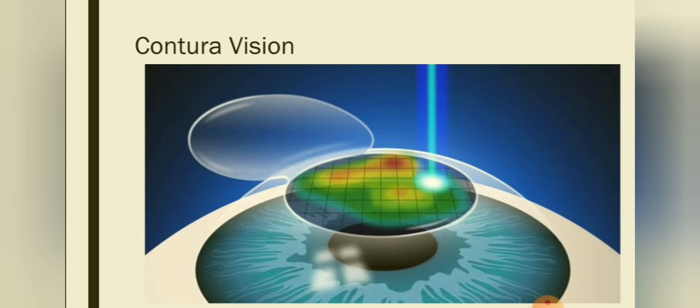It is also seen that by performing this Contoura Vision technique, the maximum number of patients are gaining 6 by 6 visual acuity, and many patients are getting 6 by 5 or 6 by 4 visual acuity. So it has become a very popular technique in laser, and it is the latest technique now.